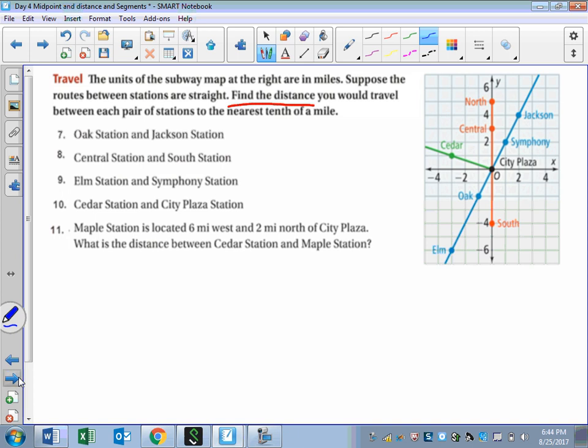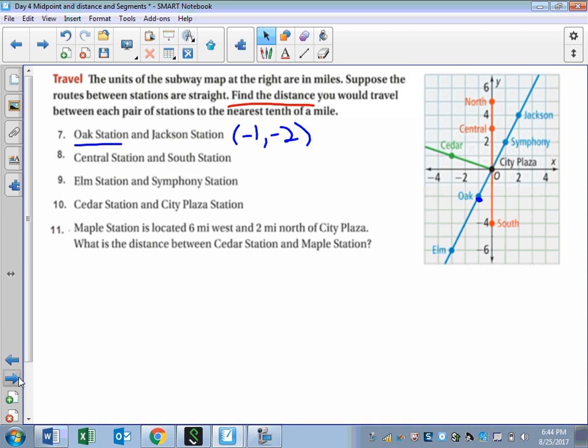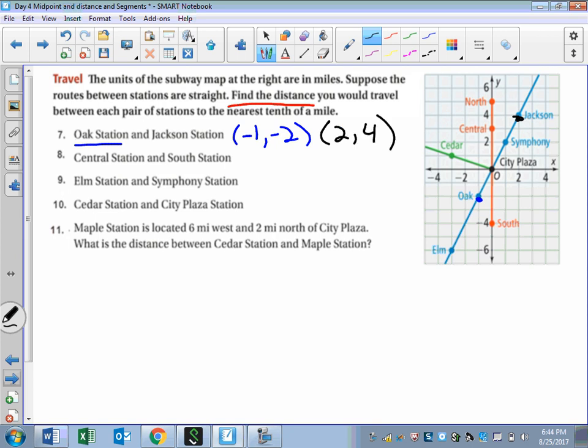Well, so is Jackson Station, but Oak Station is here. That is negative 1, negative 2. And then Jackson Station is going to be 2, 4. So now that you have the two points, you can find the distance by plugging them into the distance formula.